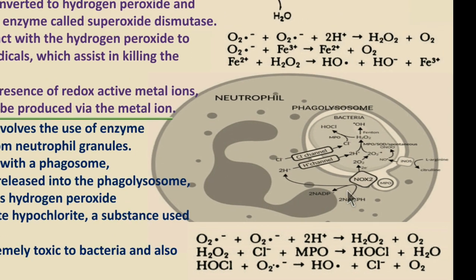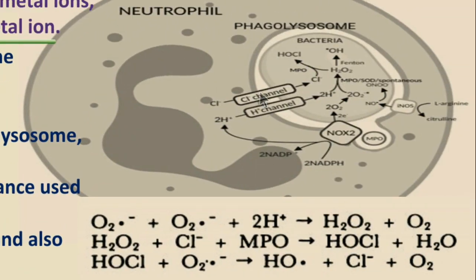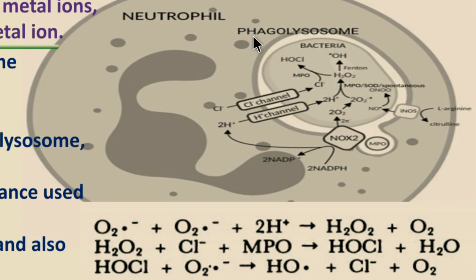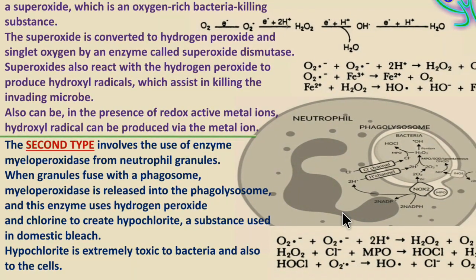Now here you can see this will be the neutrophil. Within the neutrophil it has the phagolysosome. The reaction which has been described is depicted here. The enzyme myeloperoxidase is present in the neutrophil granules, and it is going to be present in the phagosome.